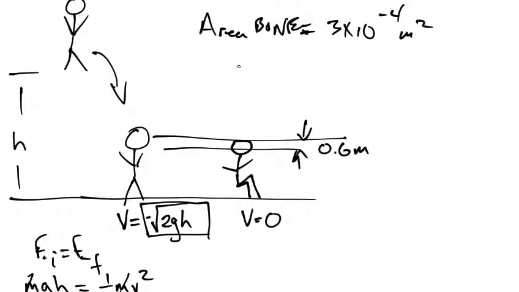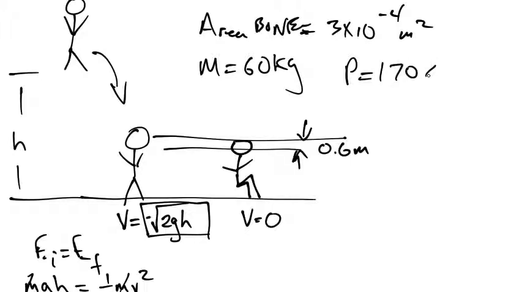In addition, we know that the person's mass is 60 kilos. What else do we know? Well, we also know that the pressure to make the bone break is 170 times 10 to the power of 6 newtons per meter squared.